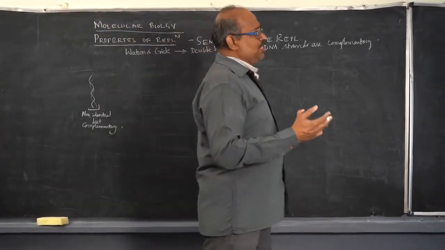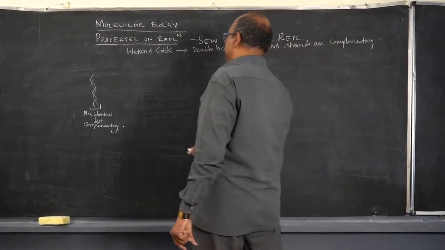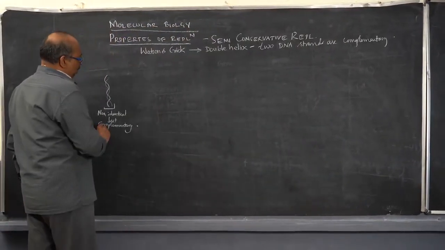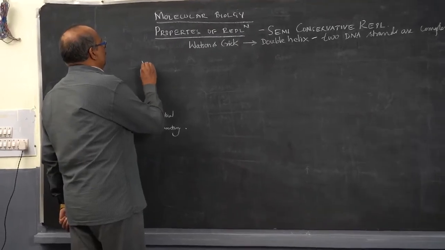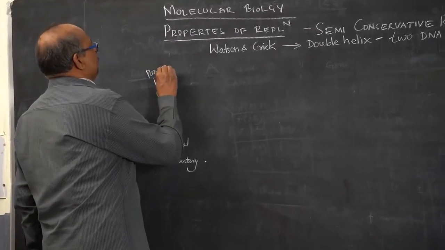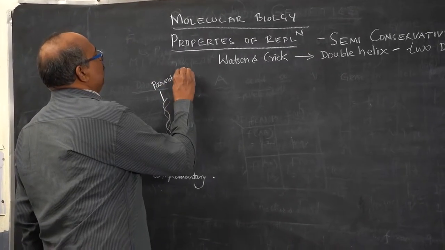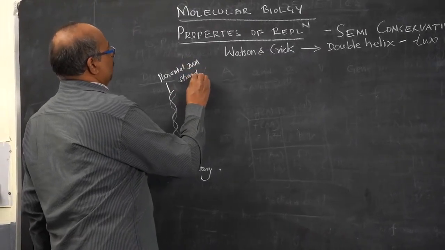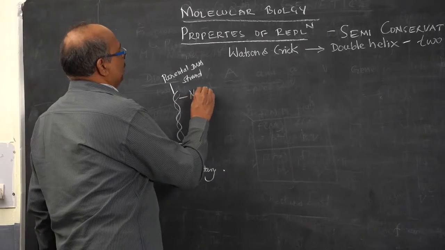So when the replication is completed, we get a daughter molecule having a hybrid state, the parental DNA strand and a newly synthesized strand.